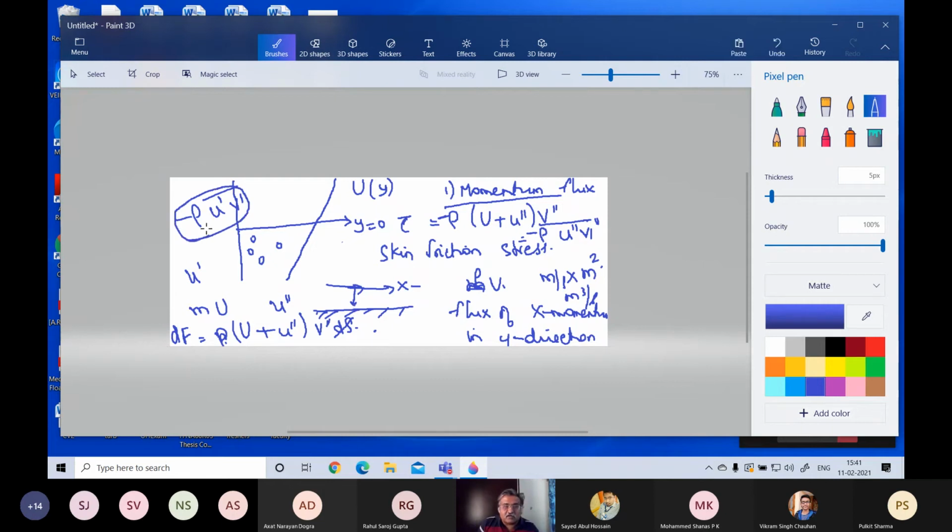That is not required, I'm just going unnecessarily there, but you should know that basically the x momentum flux in the y direction is equal to this. Stress is a momentum flux per unit area. This is the stress in that wall. Okay, so once you have this, I'll stop here and go into something else, the kinetic theory again.